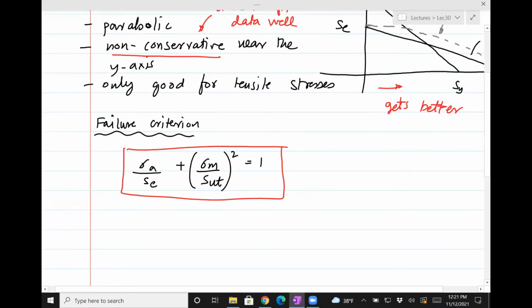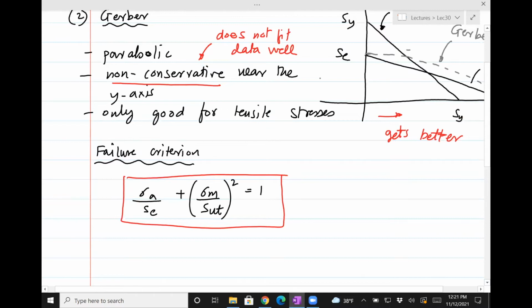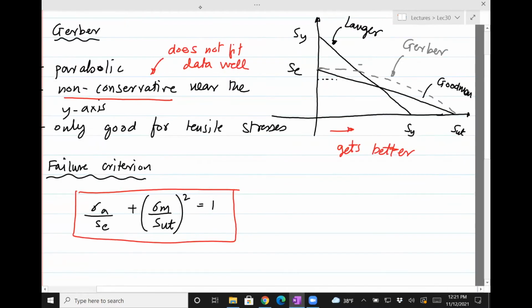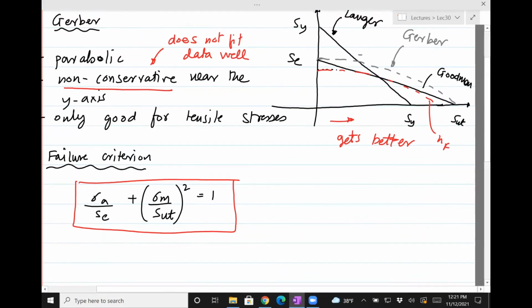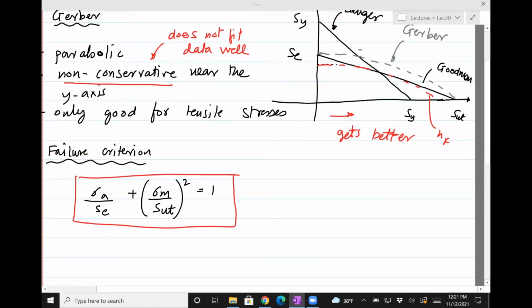You'll find a factor of safety such that the actual curve is something like this. That factor of safety will ensure that the line is not along the Gerber line, but parallel to it. That constitutes our design equation.